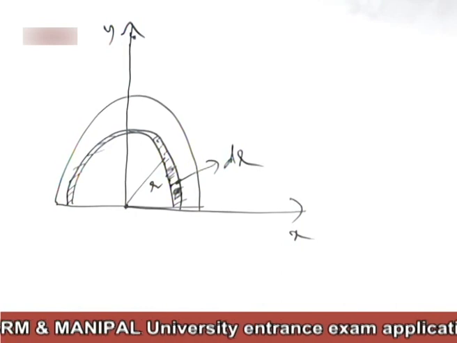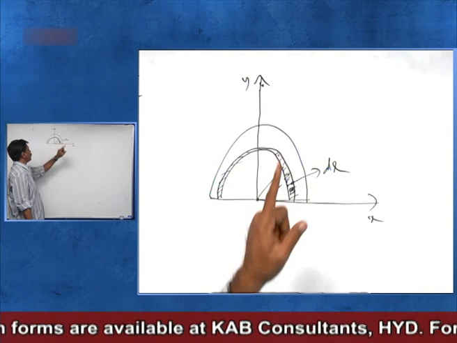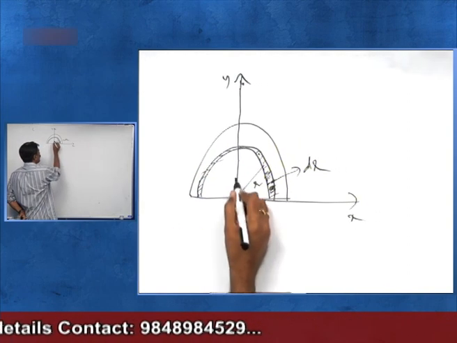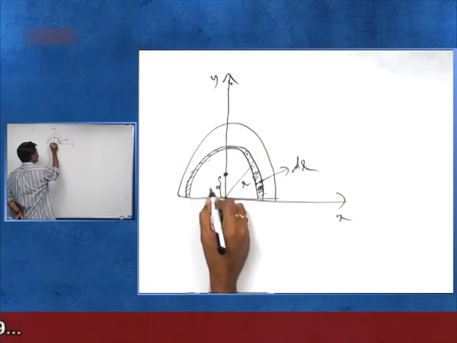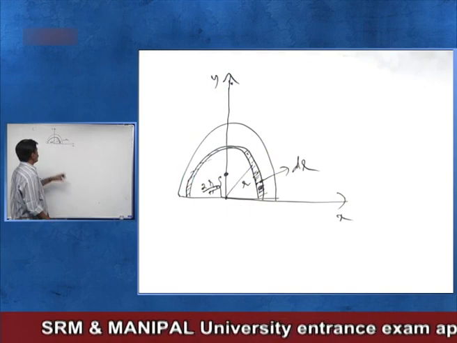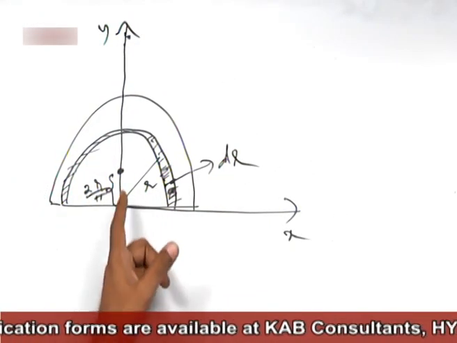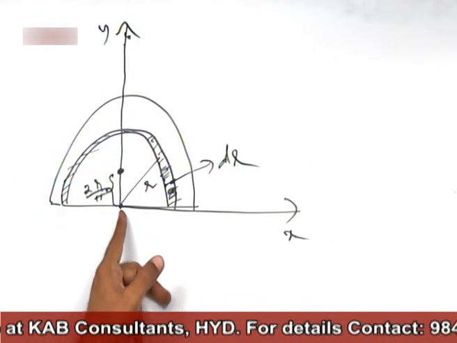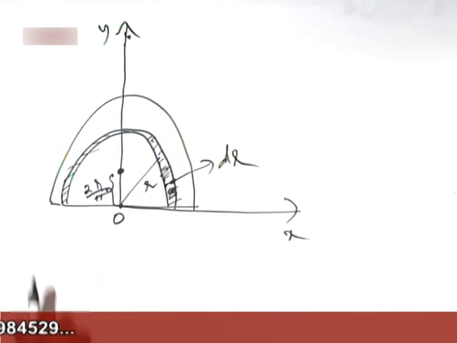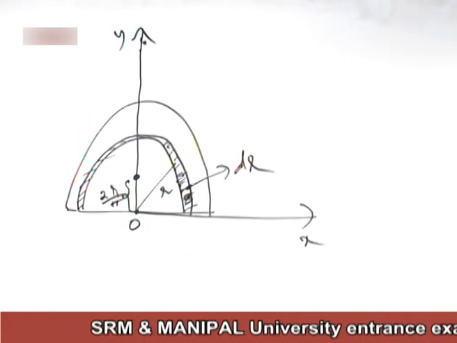We have chosen a semicircular part of radius r and thickness dr. Its center of mass will be at a distance 2r by pi from the origin O.